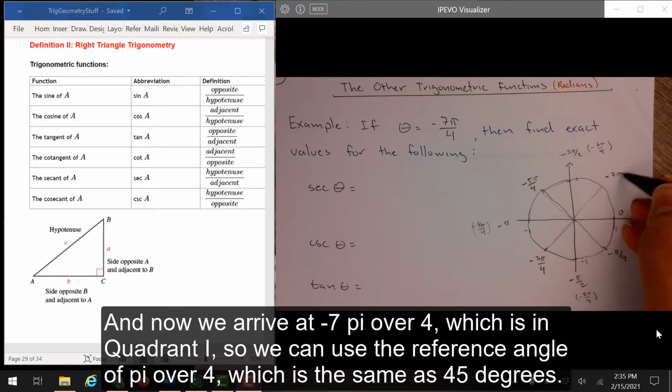And now we arrive at negative 7 pi over 4, which is in the quadrant 1, so we can use the reference angle of pi over 4, which is the same as 45 degrees.